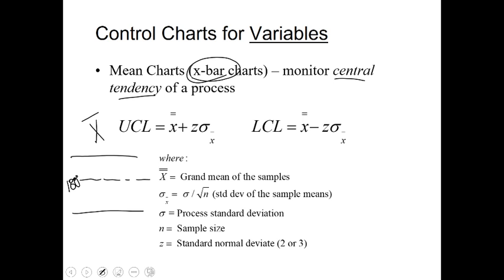We know 180 is the target, but there's some variation. The temperature of the incoming water, the number of cups of coffee you made that hour, the altitude of the store, the ambient temperature, the humidity, all these things affect the temperature that the machine produces. So we know there's going to be a little bit of variability.